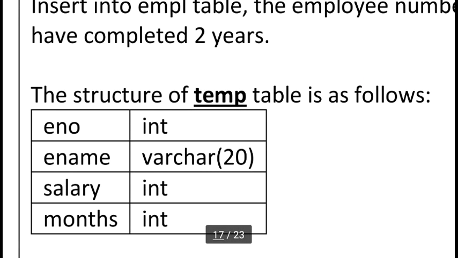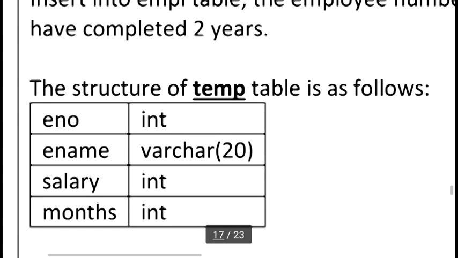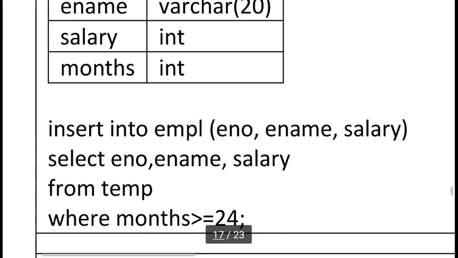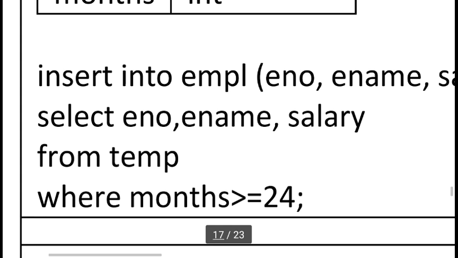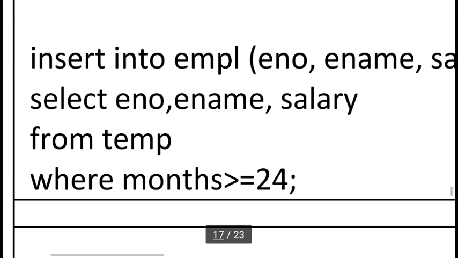In the temp table these columns already have records and I want to copy these records from temp to the EMPL table. So here I am writing this query: select ENO, ename, salary from temp where month greater than or equal to 24.